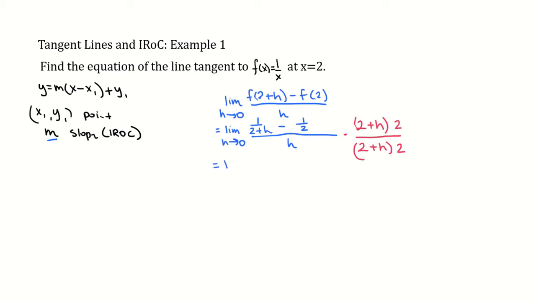That will give us the limit as h goes to 0 of 1 over 2 plus h times 2 plus h times 2 is just 2, minus 1/2 times 2 plus h times 2. The 1/2 and the 2 cancel to give us just 2 plus h, over h times 2 plus h times 2.